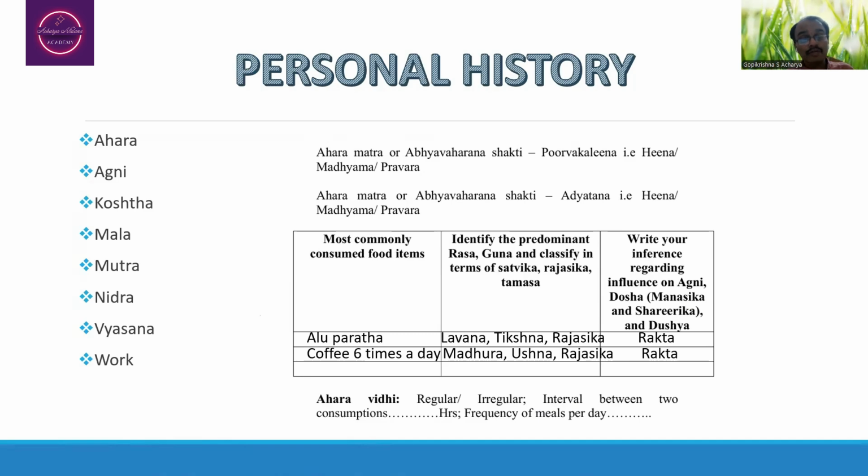Regarding the vyasana, what kind of vyasana the person is having, whether the habit of cigarette smoking or alcohol consumption, tobacco chewing, or betel leaf chewing, etc., that has to be recorded. Plus what kind of work the person does, whether extremely physically debilitating work or mentally straining work, that should be recorded there.